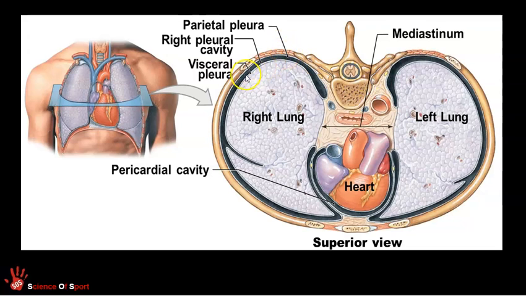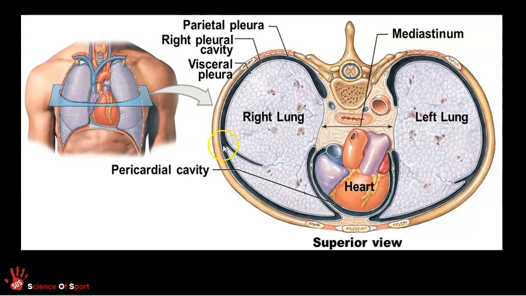Now, the two layers have got names. The outer layer, which is effectively connected to or lines the chest cavity. So this is our rib cage. This outer layer that lines the rib cage, the chest cavity, is called the parietal pleura. Pleura is single, pleural membranes is multiple, two of them.